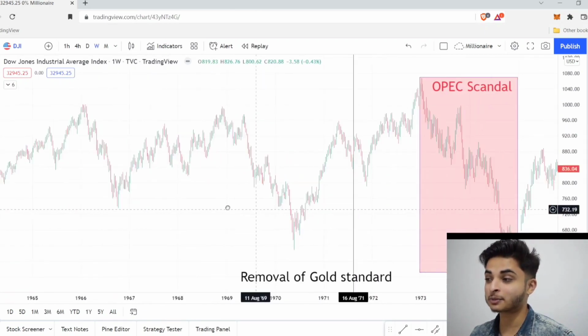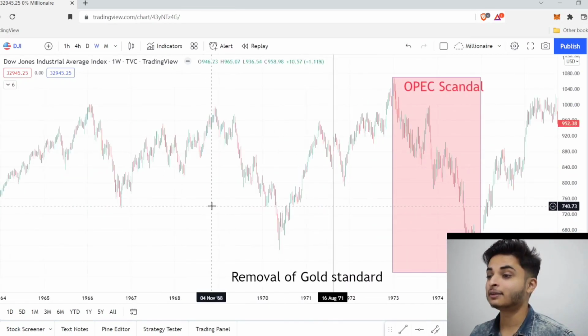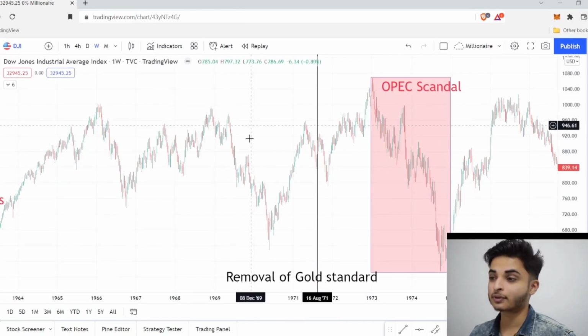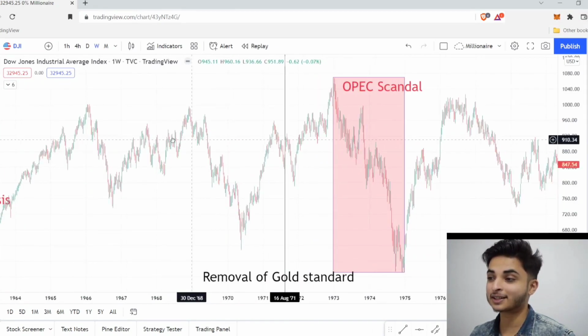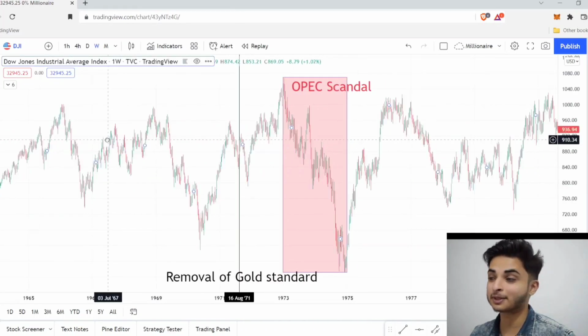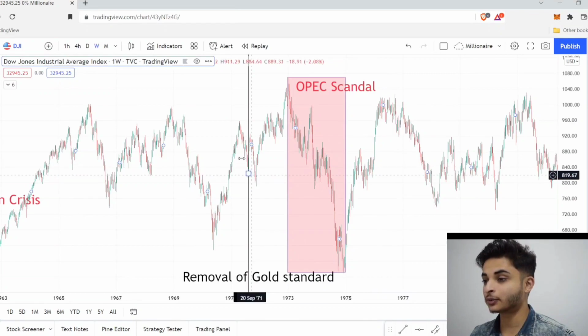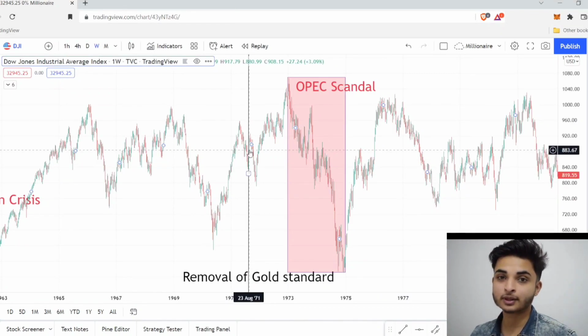Imagine being in a sideways market for the next 20 years, meaning if anyone would have invested in 1966, for him to get his returns back, for him to get his money back, it would take him more than 20 years. And in between you can see, in 1971 the gold standard was removed by the American president, meaning until then if $1 was printed by the American government, $1 worth of gold was kept in the central bank, and after this date that changed.